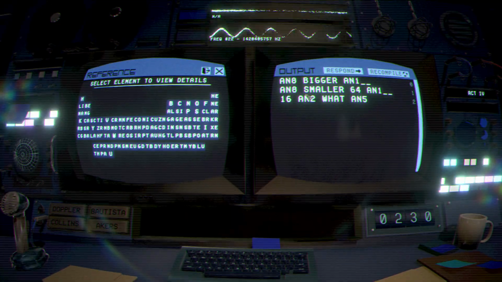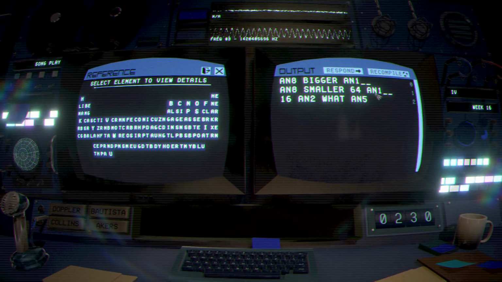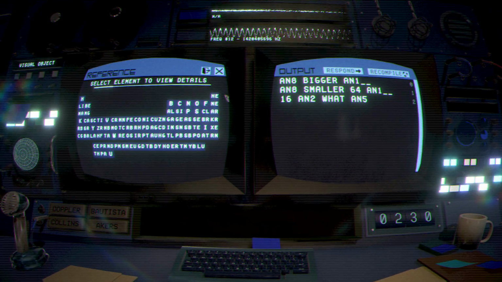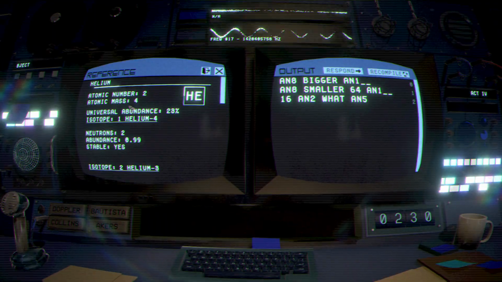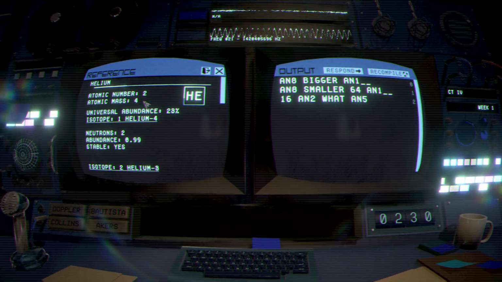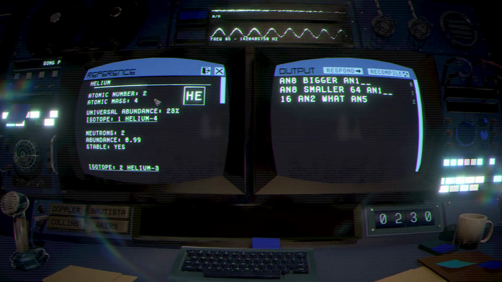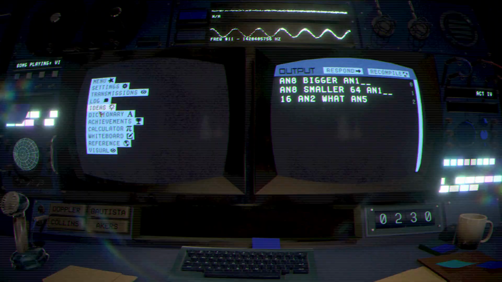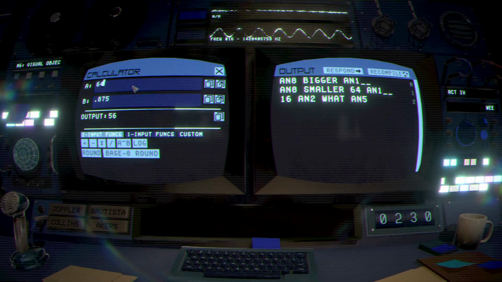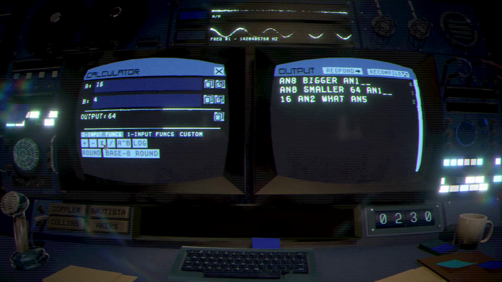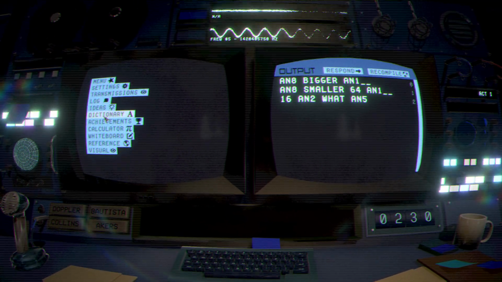Okay. 16 is smaller than 64, that's correct. So 16 atomic number 2s. So 16 times 4. How many atomic number 5s? So 64. Oh wait, that's 64. Yeah. 64.